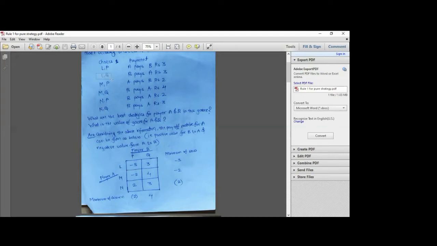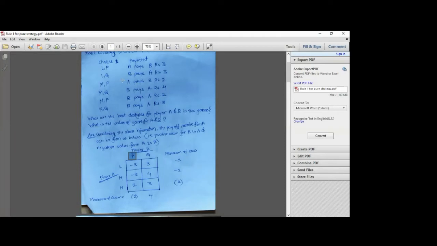Next is LQ. So player A is playing L and B is playing Q, right? So here what is happening, B is paying A ₹3. That means A is gaining, so hence it will be positive. Next is MP. So player A playing M and player B playing P. So what is happening?